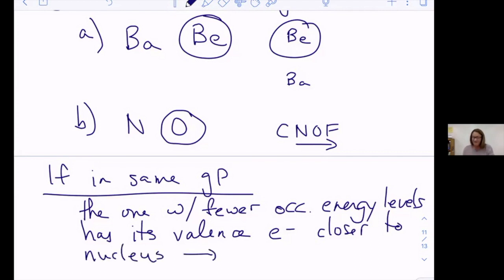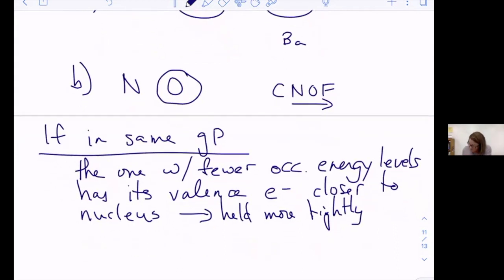The consequence of that is they're held more tightly. And the consequence of that is if they're held more tightly, it takes more energy to remove them, or they have a higher ionization energy.